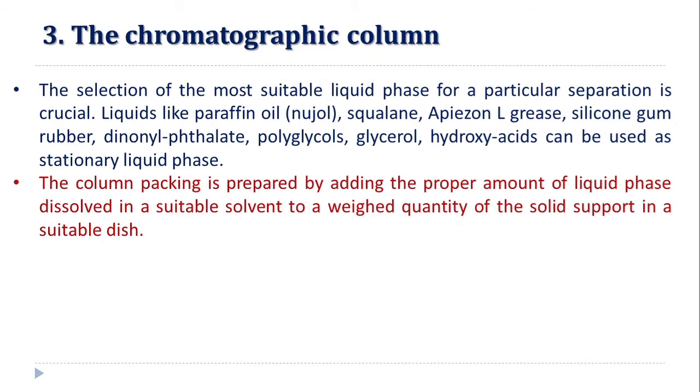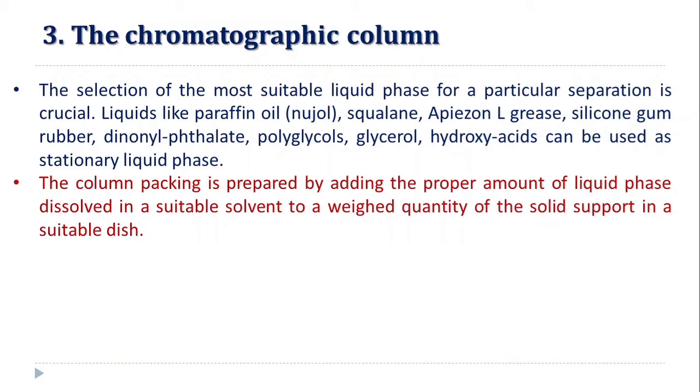The column packing is prepared by adding a proper amount of liquid phase dissolved in a suitable solvent to a weighed quantity of the solid support in a suitable dish. So the liquid phase, whether this is glycerol, squalane, Nujol, or paraffin oil, should be dissolved in a suitable solvent like DCM or carbon tetrachloride.